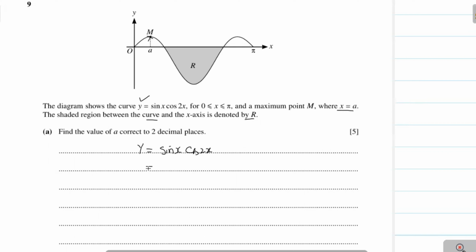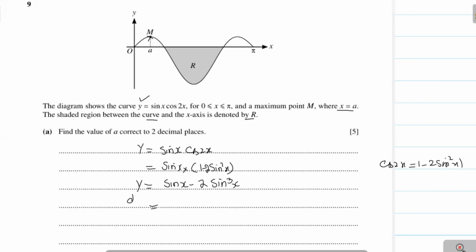We write cos 2x as 1 minus 2 sin square x. This value becomes sin x minus 2 sin cube x, and we take the derivative of this equation.